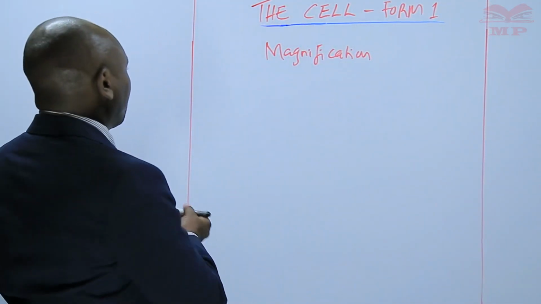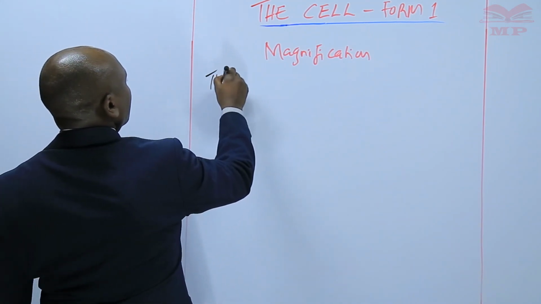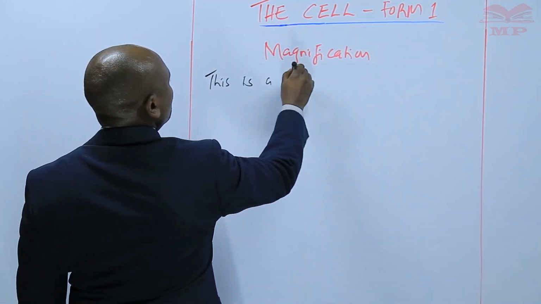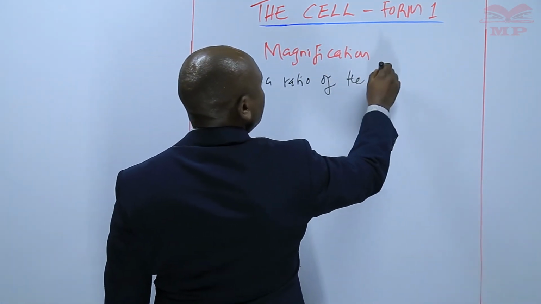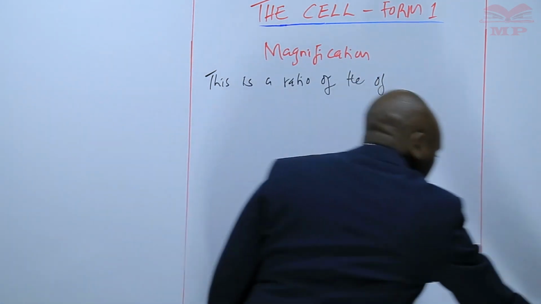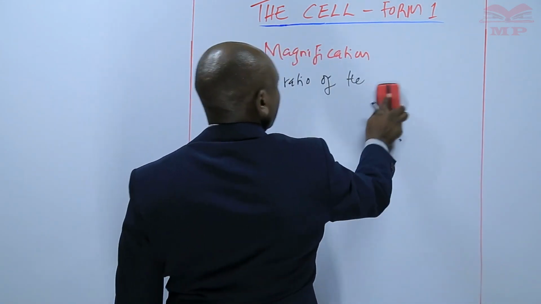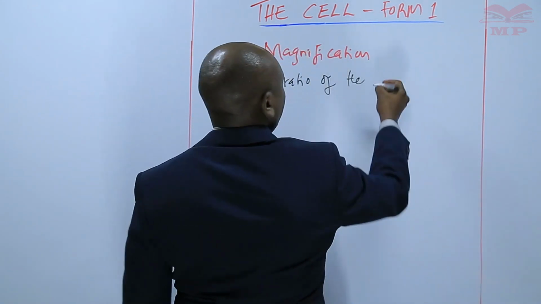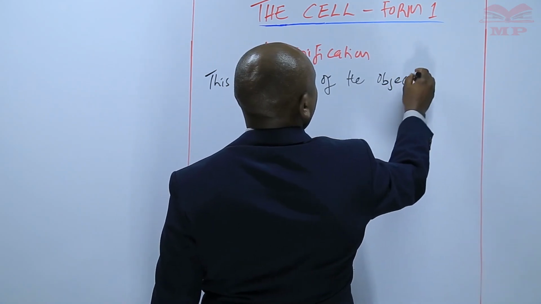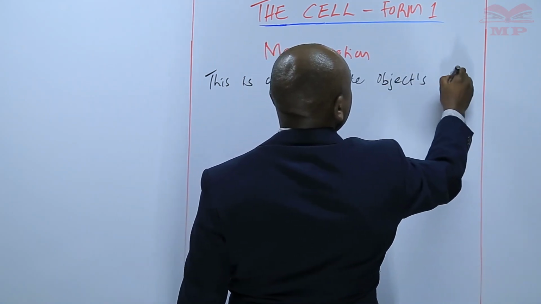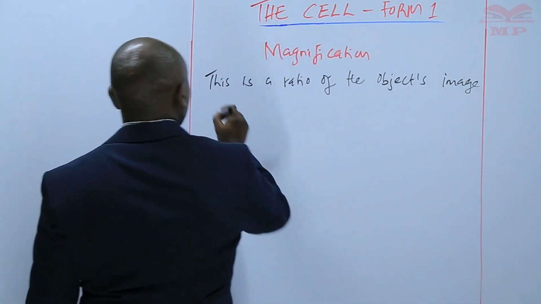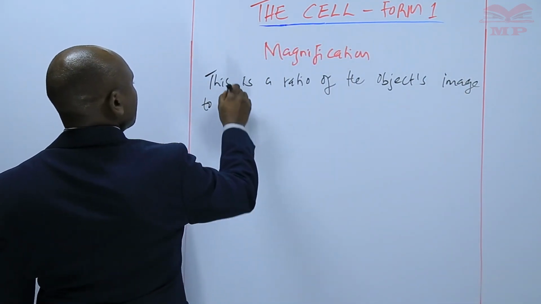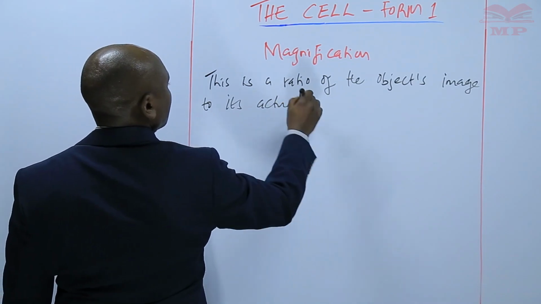So you can say that this is a ratio of the object's image to its actual size.